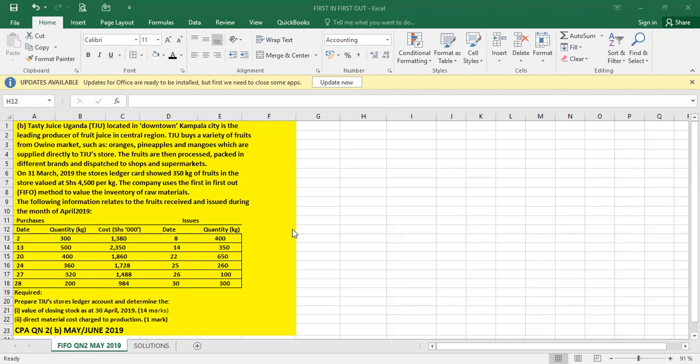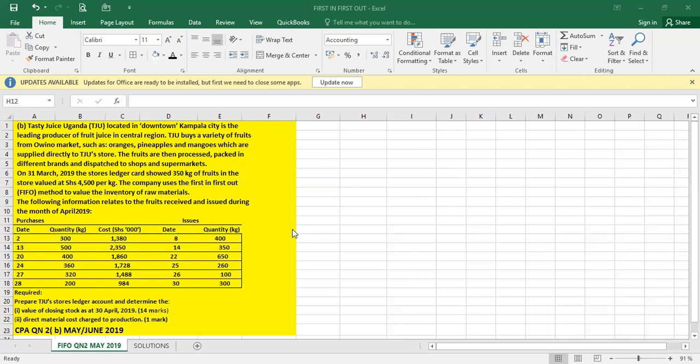The company uses the FIFO, that is first in, first out method, to value the inventory of raw materials. The following information relates to the fruits received and issued during the month of April.